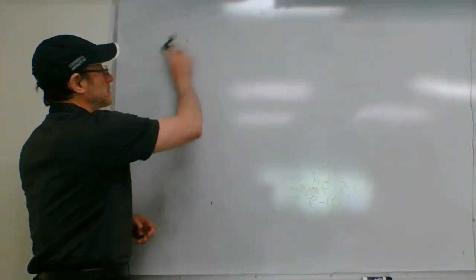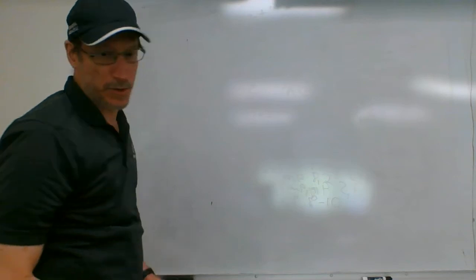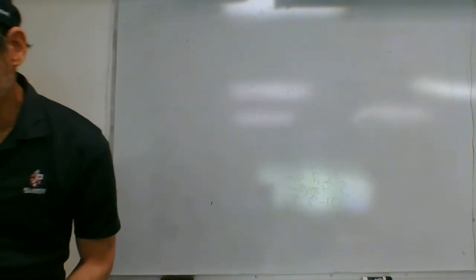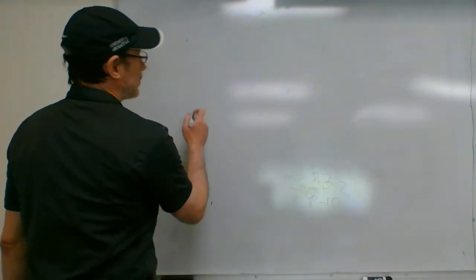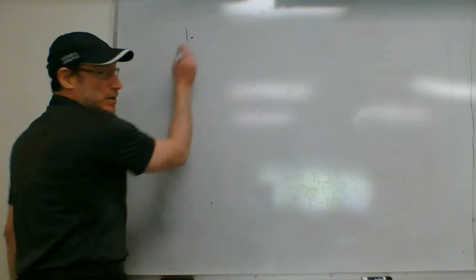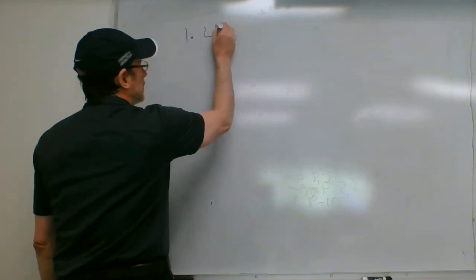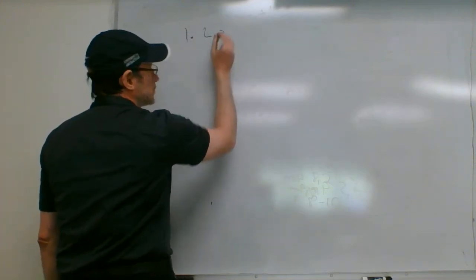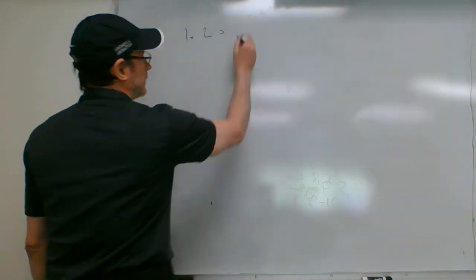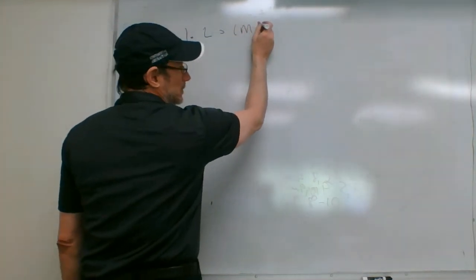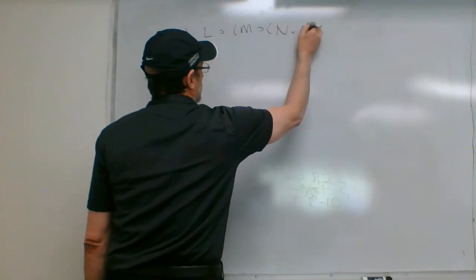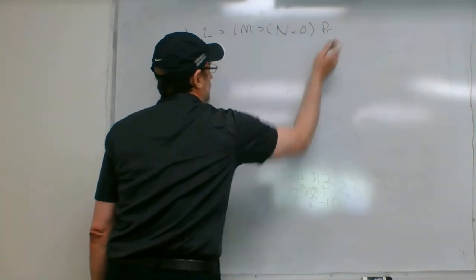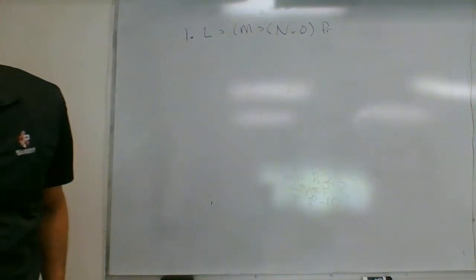I'll do the numbers. Okay, the next one in the book is L horseshoe. We have two premises here. Premise number 1: L horseshoe M horseshoe N wedge O. That's one premise.